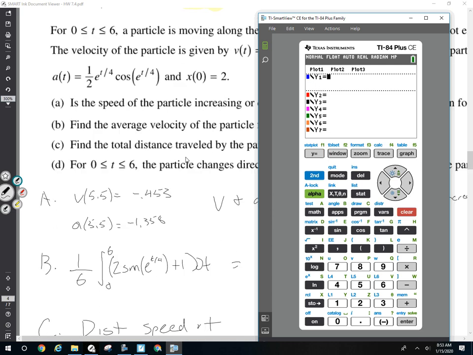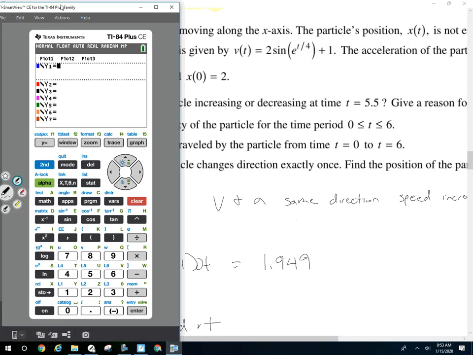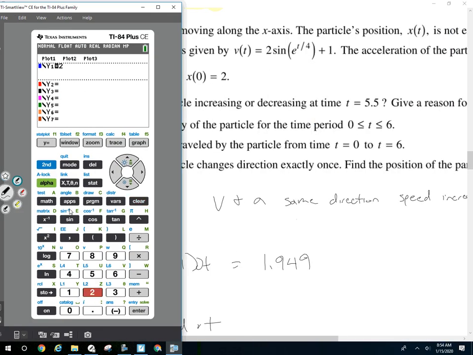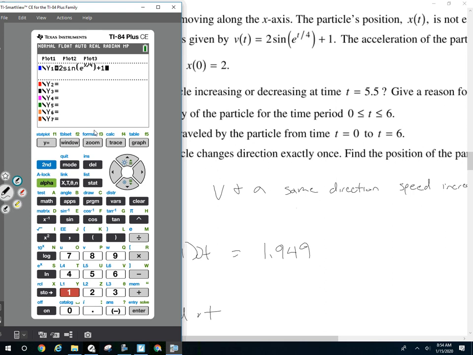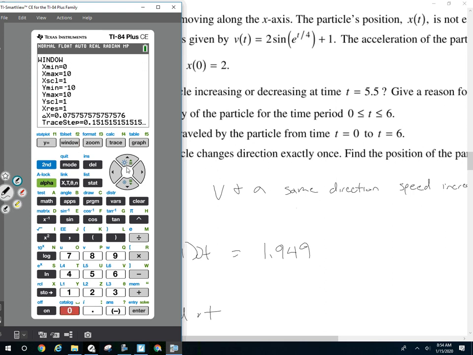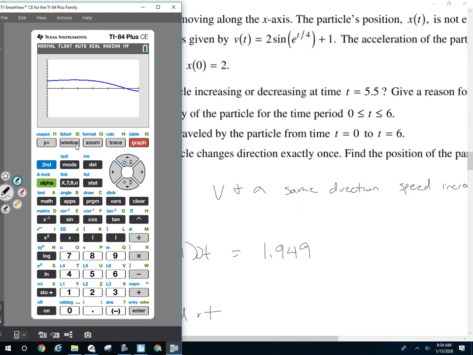In my y equals, I'm going to graph 2 sine(e^(t/4)), close parentheses, plus 1. It changes from 0 to 6 once, so I'm going to adjust my window to 0, 6. And I see right there. Now I'm going to also graph y equals 0 and find this intersection.